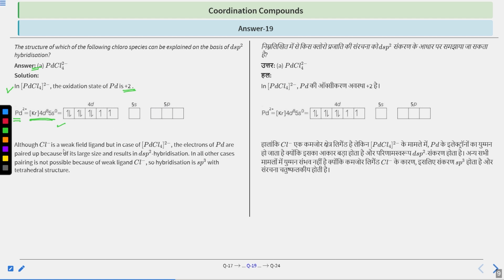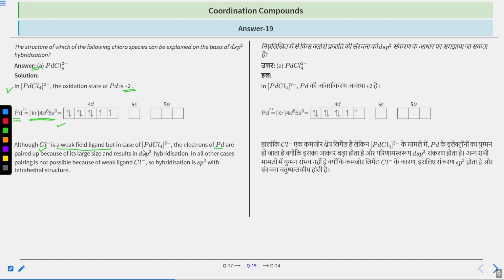Although Cl- is a weak field ligand, in the case of [PdCl4]2- the electrons of palladium are paired up, because of its large size, and this results in dsp2 hybridization. We know that Cl- is a weak field ligand. Weak field ligands normally means that unpaired electrons will not get paired up.